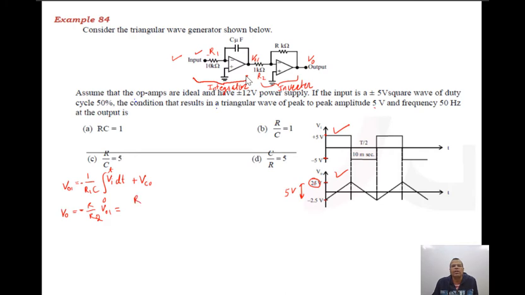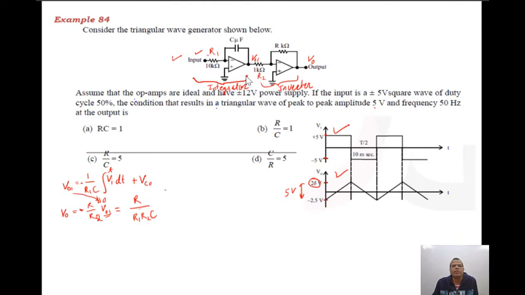I put the expression of V01 in this equation, right? So I can write R by R1 R2 into C. Please see, this is the expression of V01, so I am simply replacing V01 by this expression. So I have a minus sign, and the minus is cancelled out.